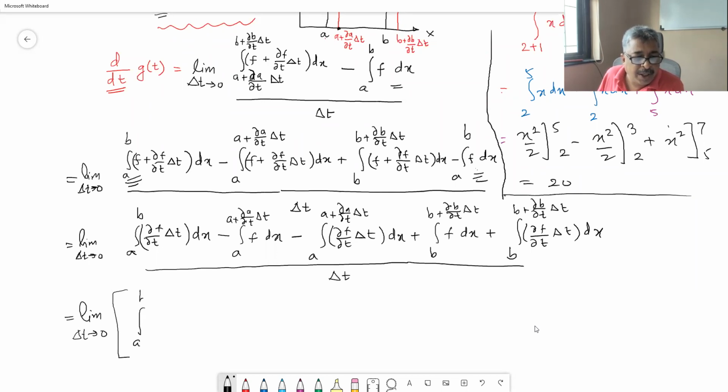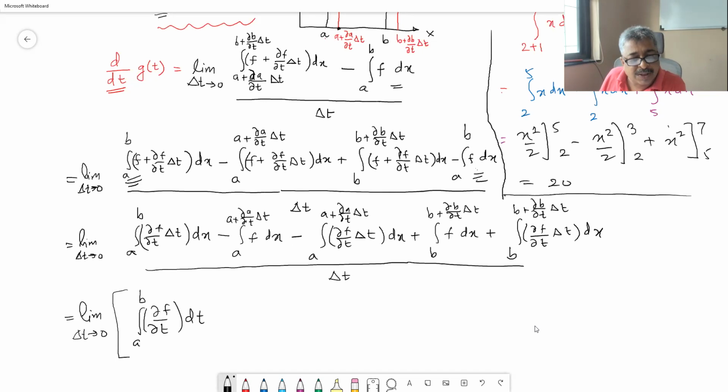Integral a to b del f by del t dt. Now when I write a to b here, I mean a of t and b of t, because every time I had to write a of t and b of t, then it would have been a long essay, and therefore I am writing only a, but a is a function of t, b is a function of t.